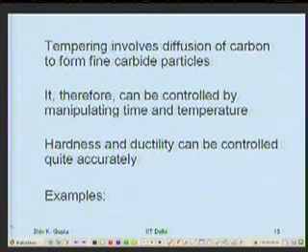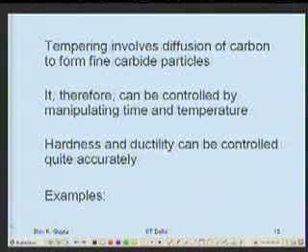So here now my process involves the diffusion of carbon, because all the carbon which is in solution in martensite has to come out in the form of carbide. And by manipulating the time and temperature, I can control the extent to the extent I need it.